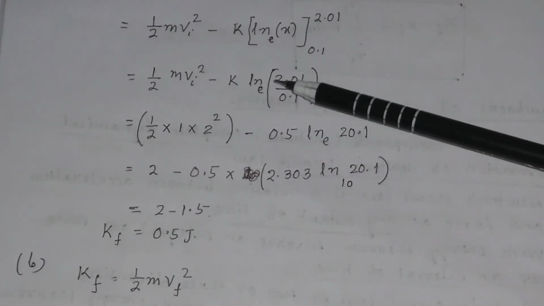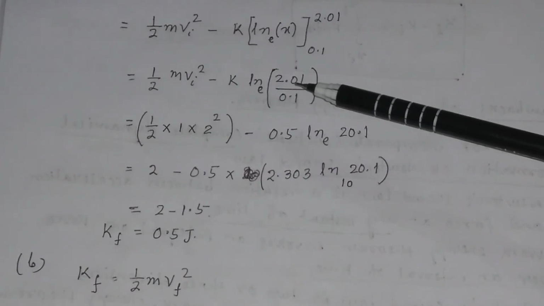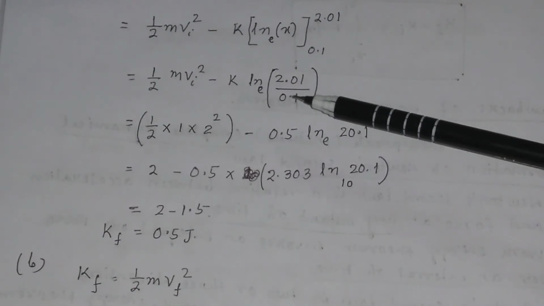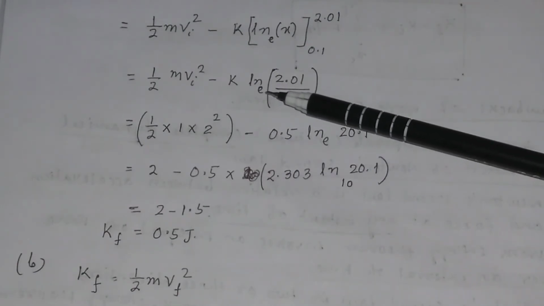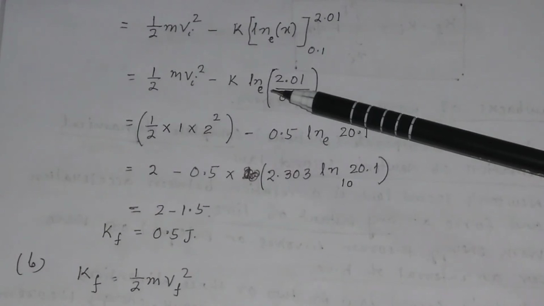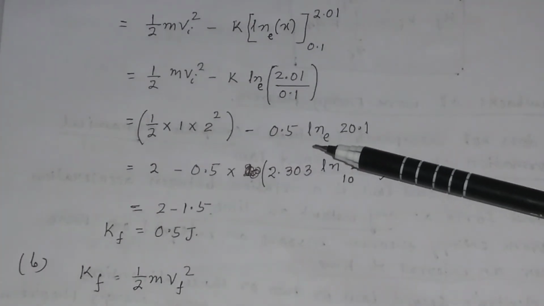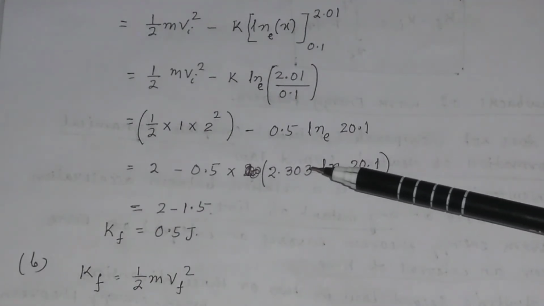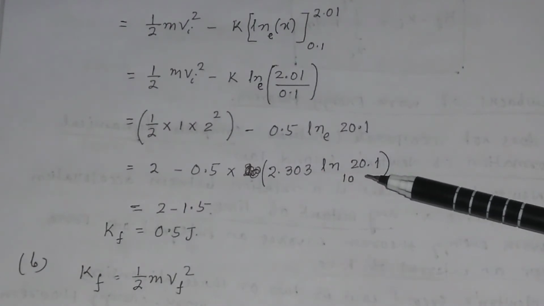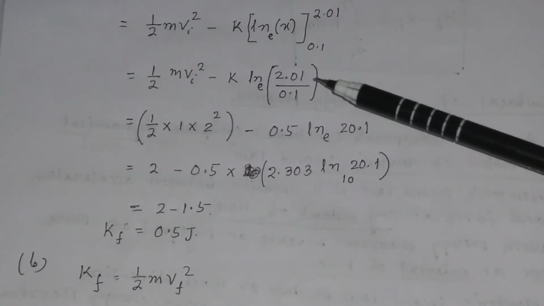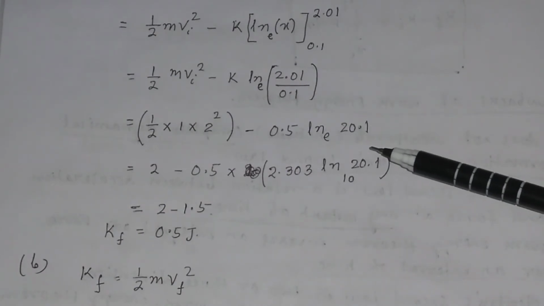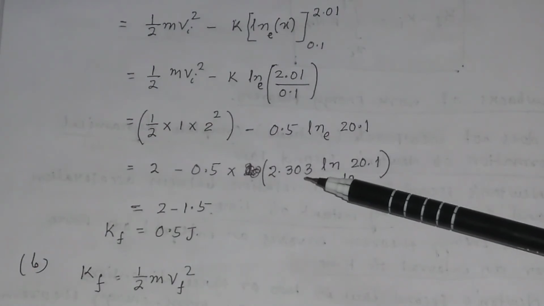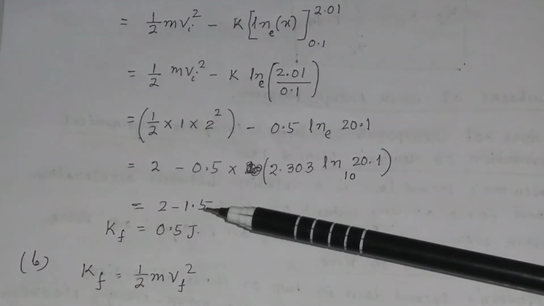So putting in this formula, it will be log of 2.01 divided by 0.1, and here the base of the log is e, the natural logarithm. If you convert it from a base 10 logarithm, you have to multiply by 2.303. The log of 20.1, because 2.01 divided by 0.1 is equal to 20.1, multiplied by 2.303, gives the value 1.5.